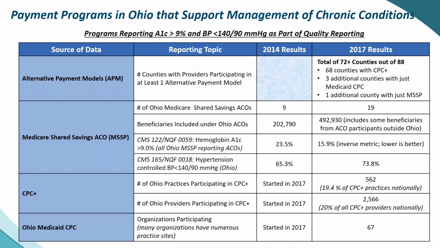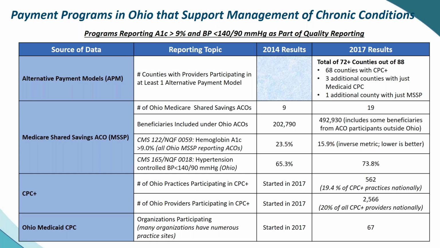For shared savings, at the beginning of the grant, there were 9 Medicare shared savings programs, which are the ACOs that could extend from just a small group all the way up to hundreds of providers handling 75,000 or more patients. As this grant closes, there are now 19 ACOs.